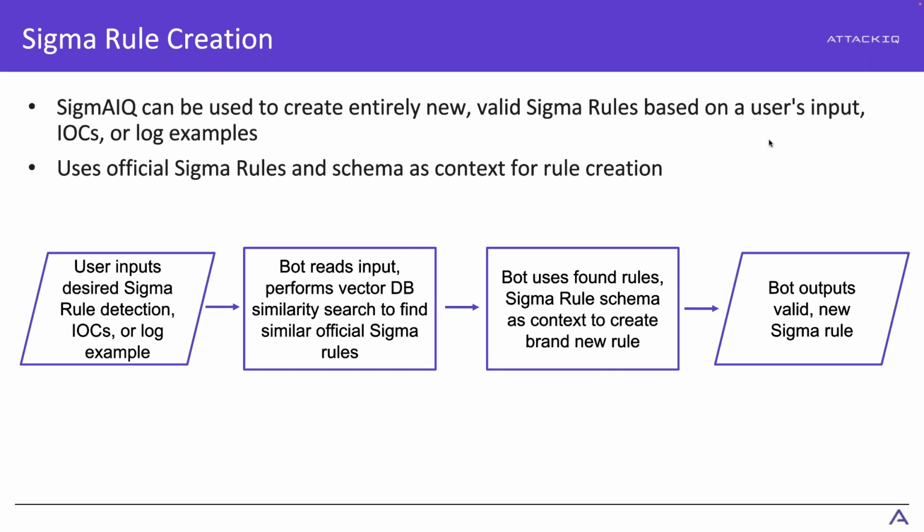What it does is it takes that prompt, goes to the vector database, finds similar rules just to use as context, and then we tell the bot, hey, use these rules as context. Here's the Sigma schema based on the Sigma format, and what you know about Sigma already, plus all this context, create a brand new Sigma rule.